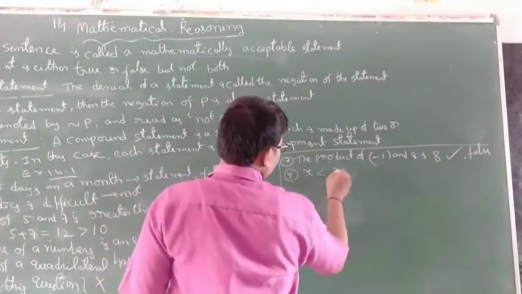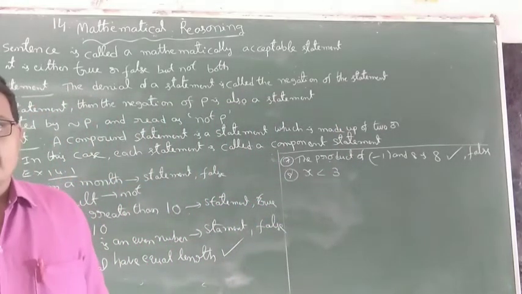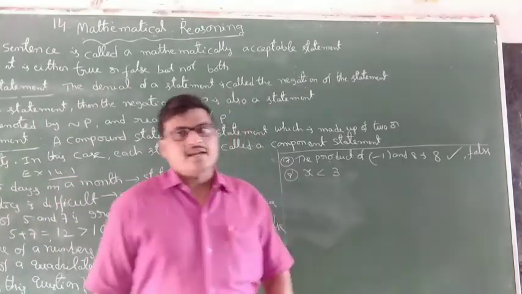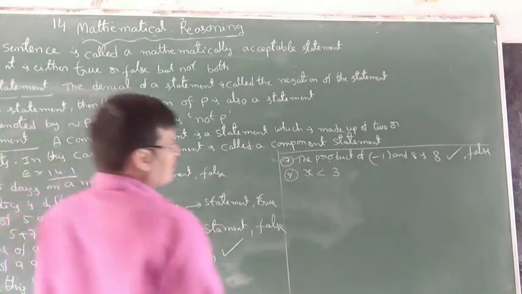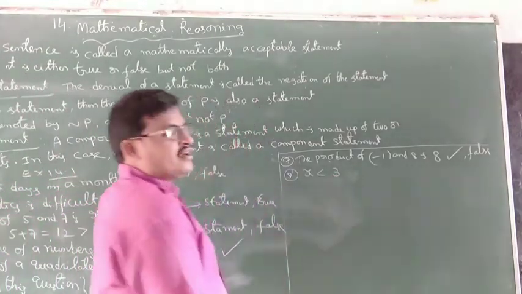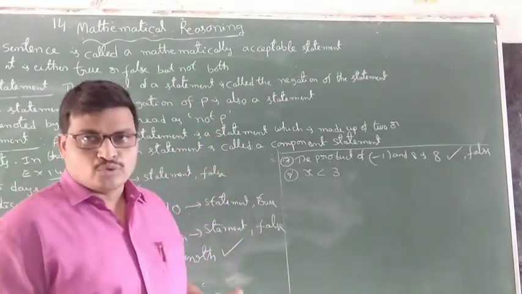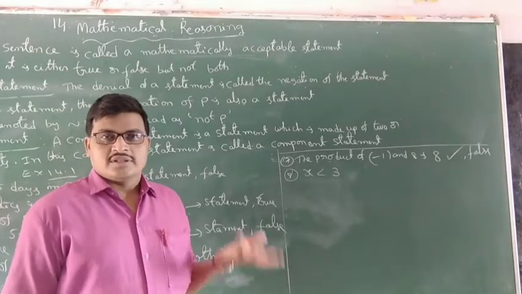X less than 3, for example, or x less than or equal to 3. These are inequalities, and x less than 3 is not a statement, because x less than 3 means 2, 1, 0, which is undefined.